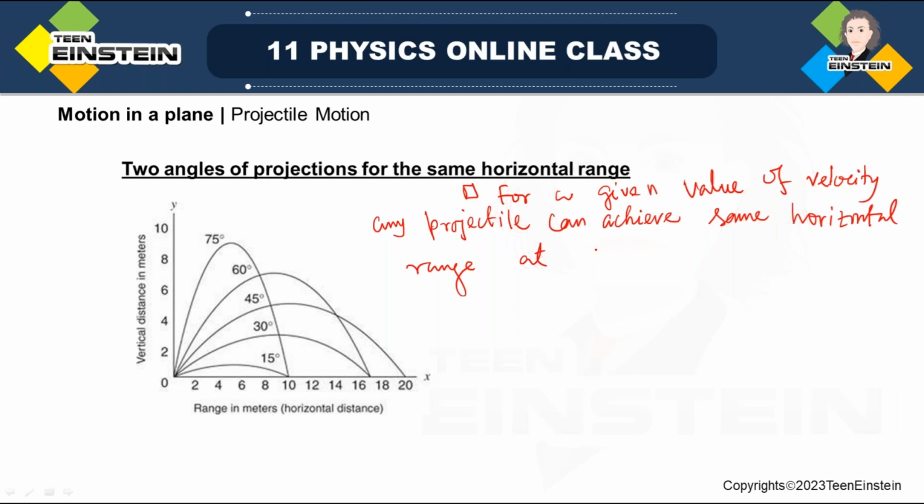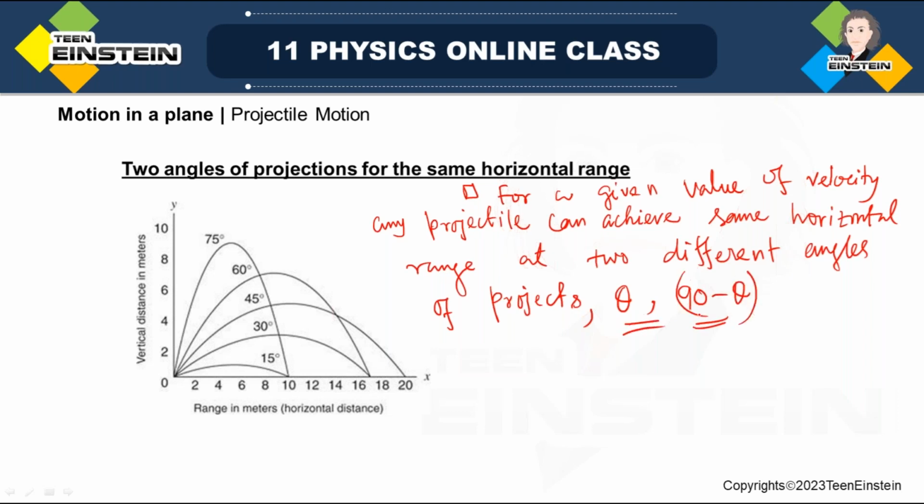at two different angles of projection, that is, if one is theta, then the other one is 90 minus theta.